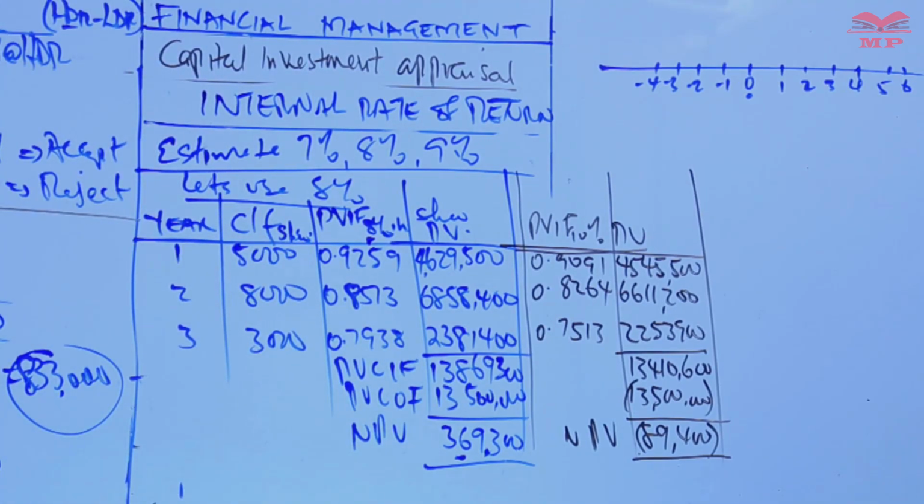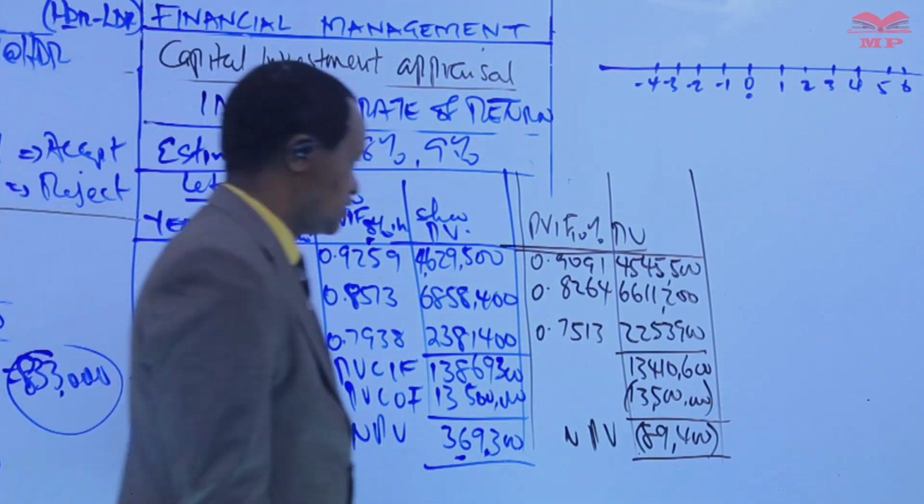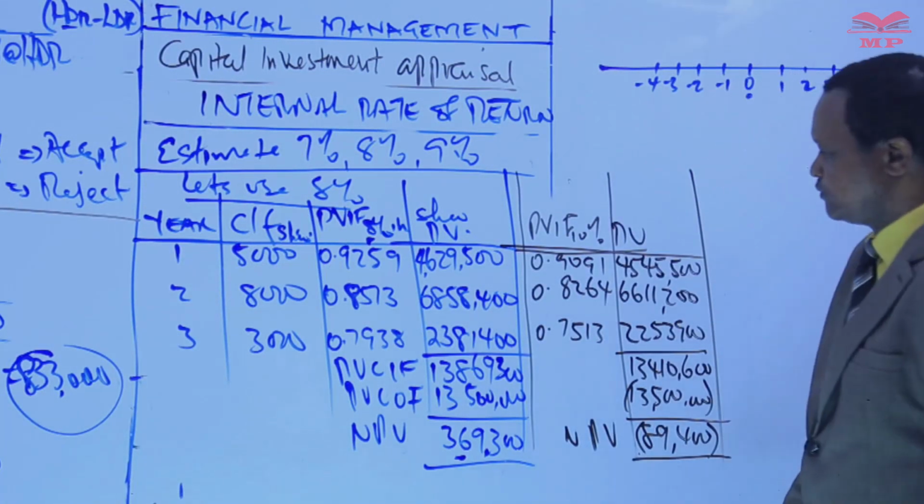Because that 8% is giving us a very huge figure from 0. But it has to be positive. Abraham says 9. Another one says 7. Let's try 7.